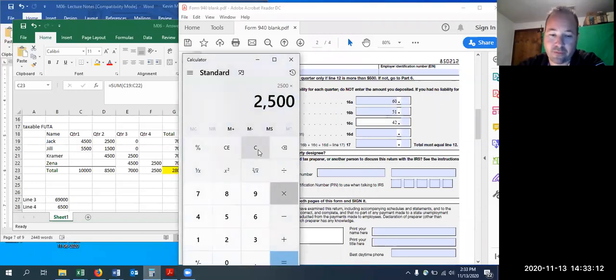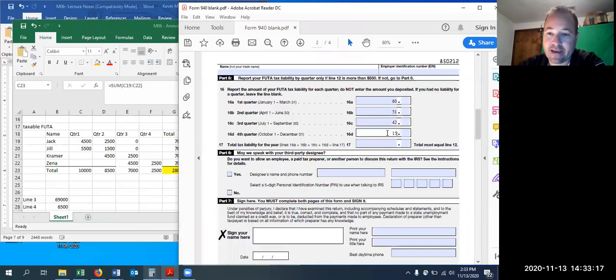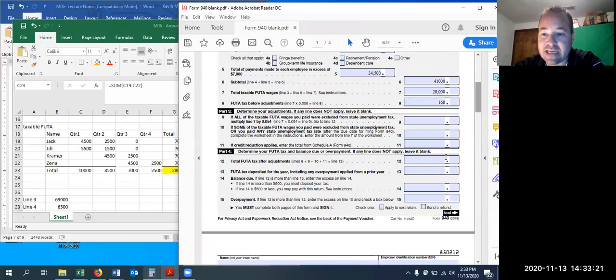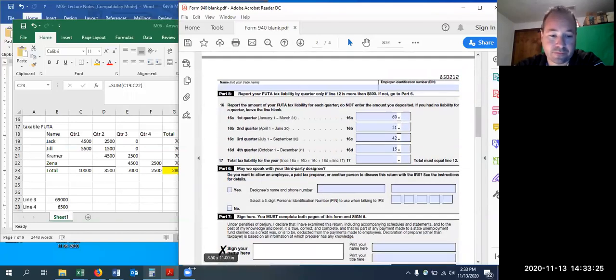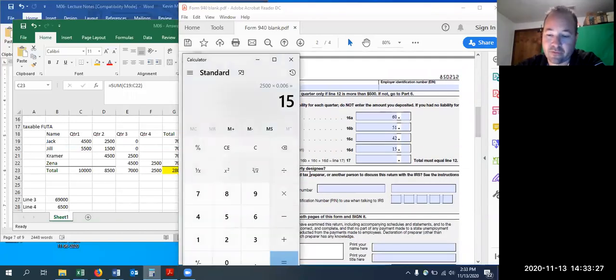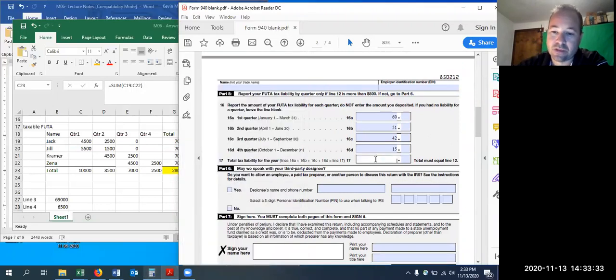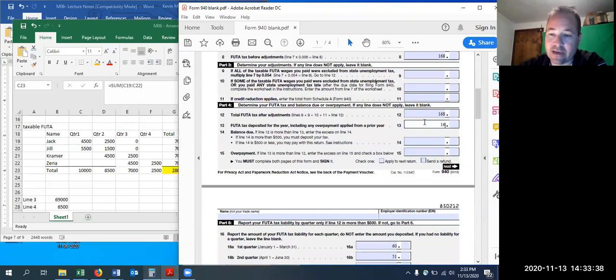And 2,500 times 0.006, 15. Now, when I add all these three up, it better be the 168 that was here in box 12. So we'll check it, the 15 plus the 42, 51 and 60. Yep, 168. So 168 is my total, and that will come up here to say that's what I have deposited.